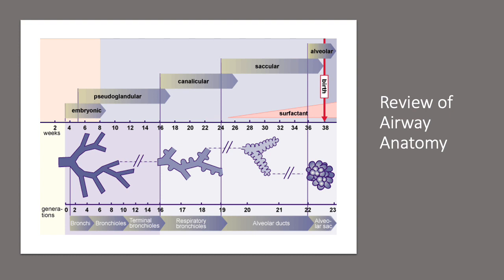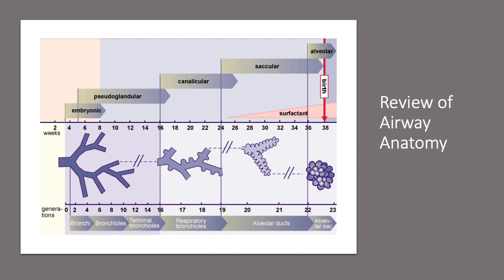Further branching of bronchioles leads to the respiratory bronchioles, which are less than 2 mm in diameter. The part of the lung which is distal to the terminal bronchiole is known as the acinus. And what is this acinus comprised of?